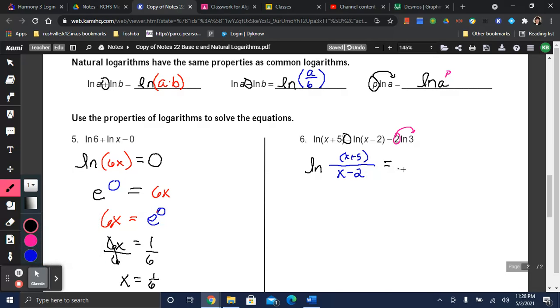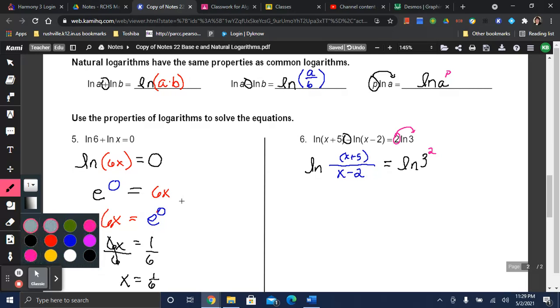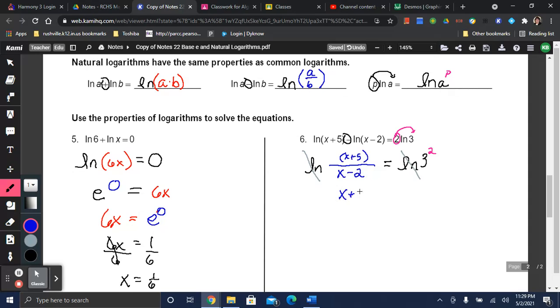So we would have the natural log of 3 with the exponent power 2. Now this one has the logarithms on each side, so we are going to cancel those. And that gives us x plus 5 over x minus 2 equaling 3 to the 2 power. So in solving that, we would have x plus 5 over x minus 2 equaling 9.